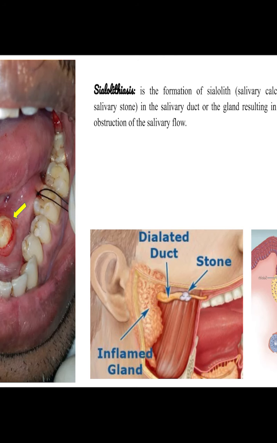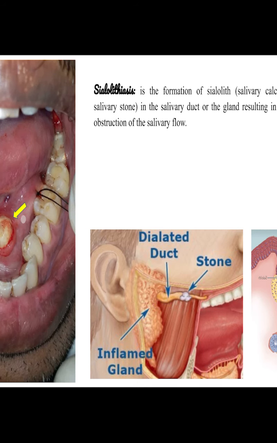90% of the salivary stones will be found in the submandibular gland. Why is that? Because the submandibular gland is long and curved, and we have a curved Wharton duct, increasing the chance of entrapment of organic debris.